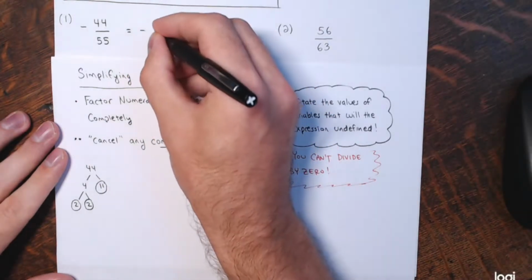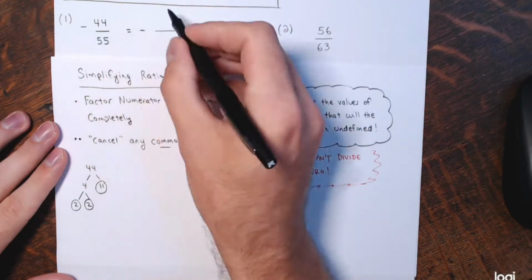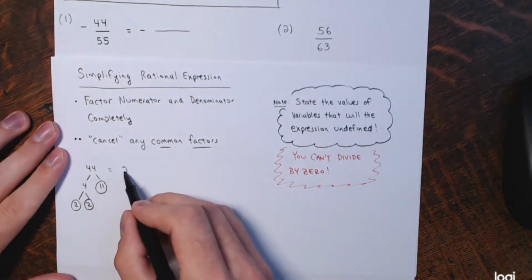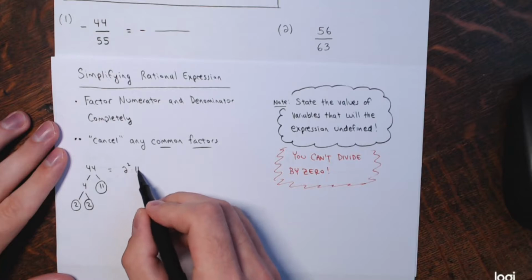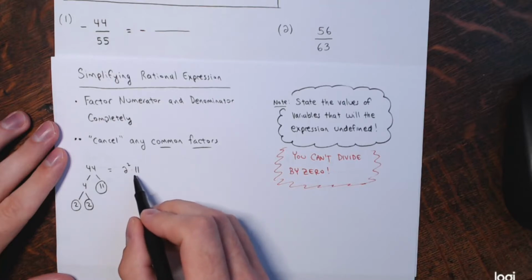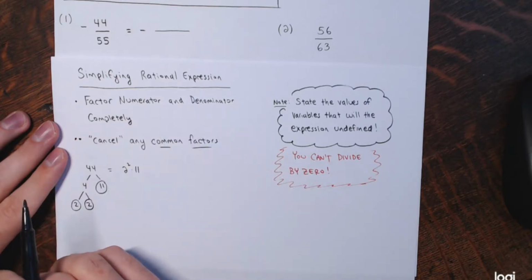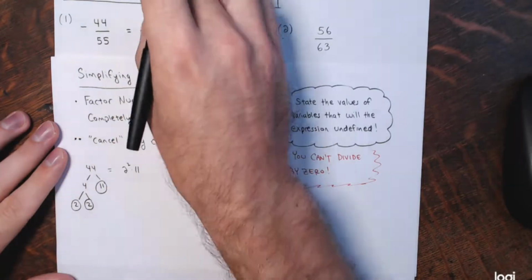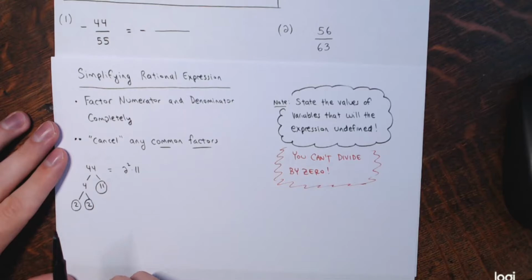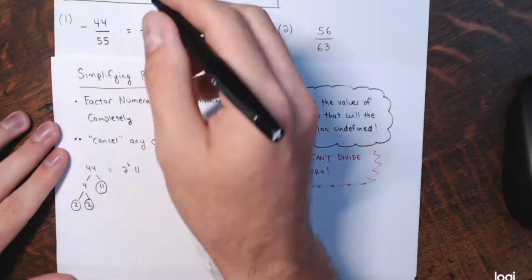So for the numerator, you can write 44 is 2 squared times 11. There's nothing wrong with that. But just for the first several examples in this video, I'm going to write each numerator and denominator as a product of each factor individually.